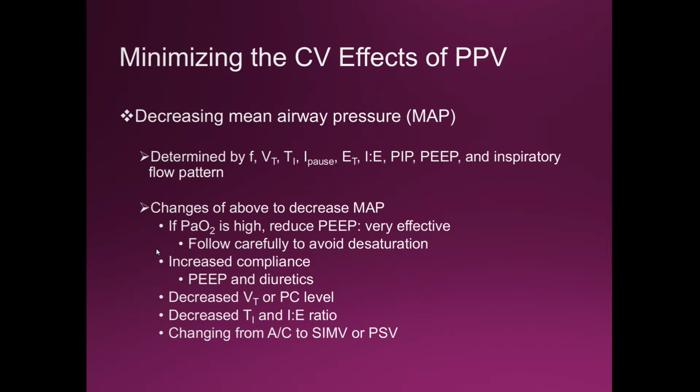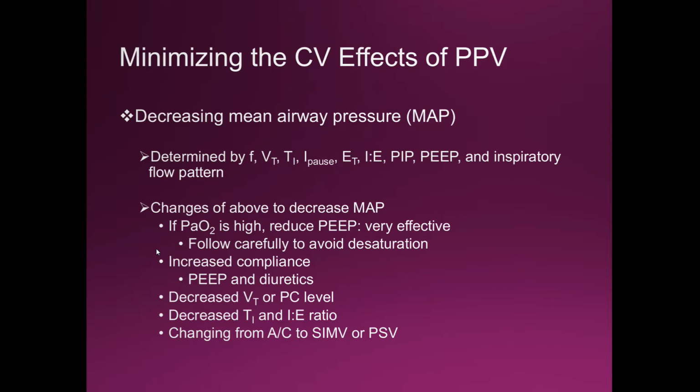Now, that's kind of interesting because when I have increased compliance, that means my lungs are able to expand more. So with PEEP and some diuretics, that can increase compliance. That's what that's telling me.